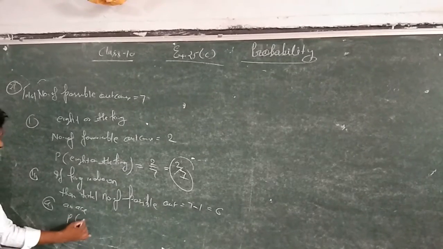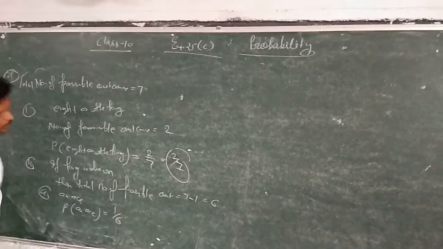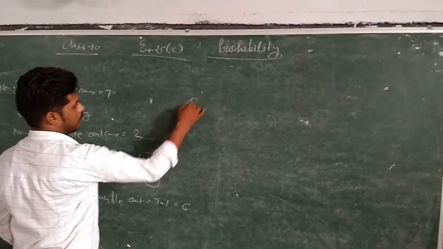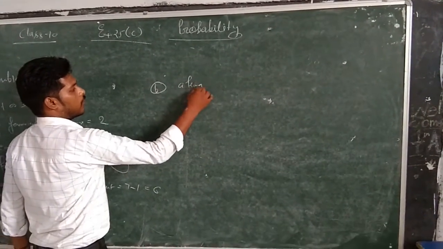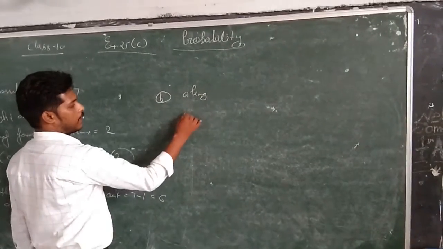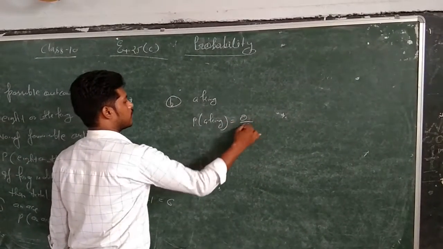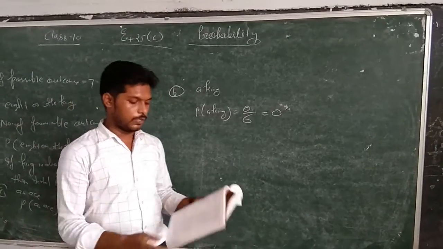So P of eight is equal to 1 upon 6, because out of 6 cards there is 1 eight, and the second part is the king. You know very well, king has already been drawn. So P of king is equal to 0, because this is an impossible event.